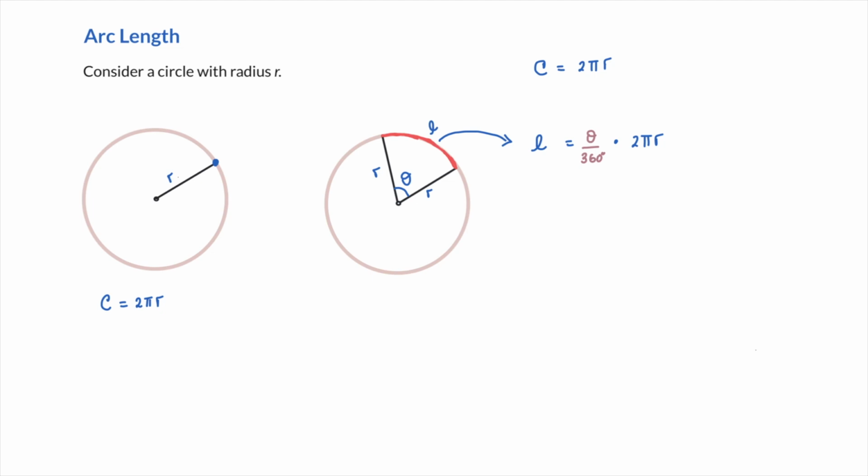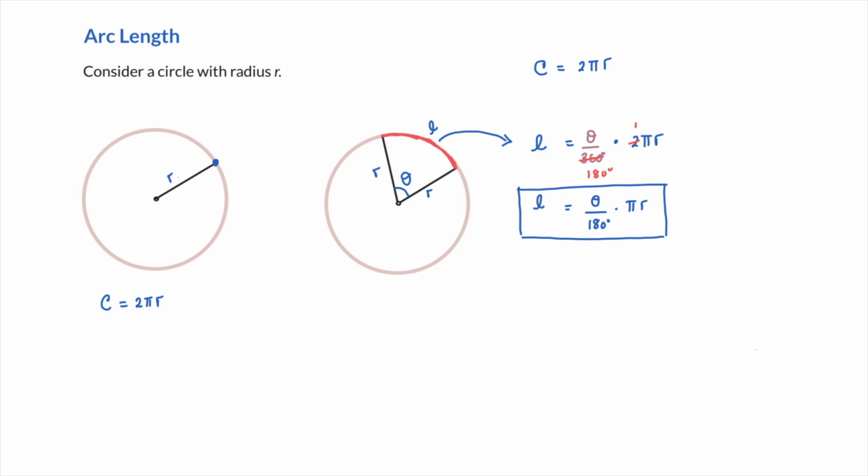All that I will do right now is simplify: half of 2 is 1, half of 360 is 180 degrees, and then I get that l is equal to theta divided by 180 times pi r. And this is the formula that will give you the length of any arc that you may want to get from that circle.